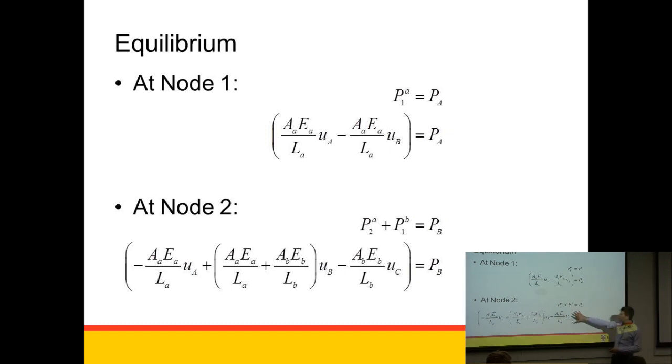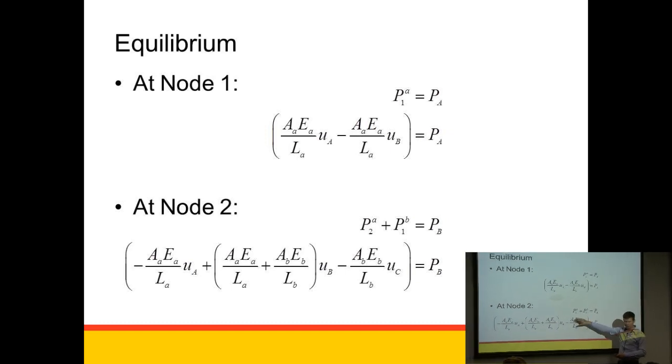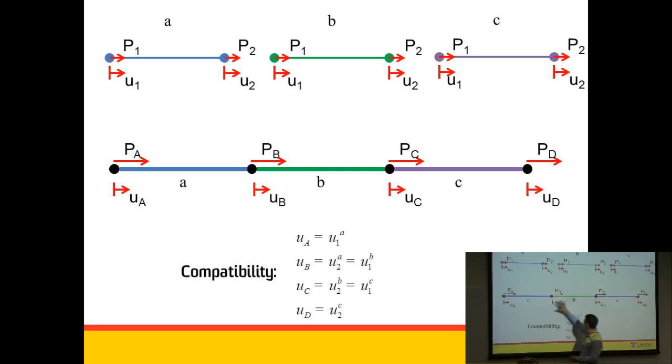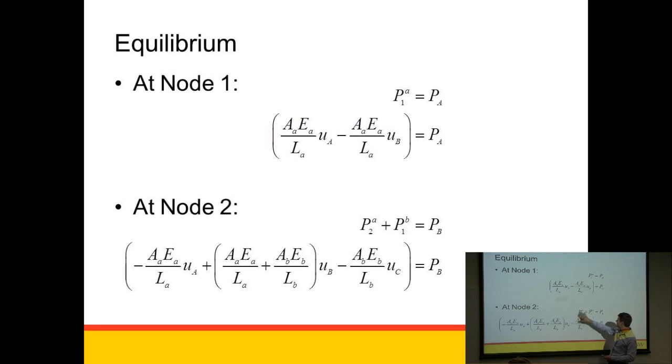Now the force at node 2, some of it comes from this element, and some from this element. So the sum of those two forces is your overall force on node B, and that can be defined as something related to the displacement of node A, something related to the displacement of node B, and something related to the displacement of node C.